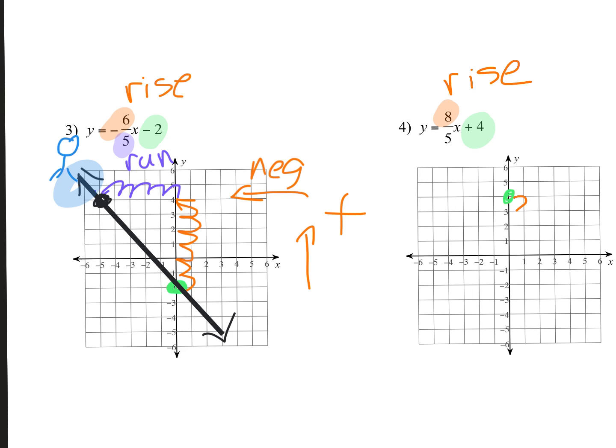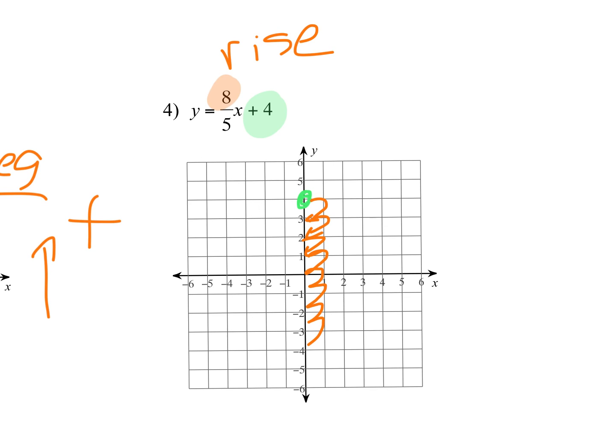So I'm going to go down 1, 2, 3, 4, 5, 6, 7, 8. Again, you do not need to do those loop-de-loops if it doesn't help you. I'm just doing it to show you where my numbers came from. And so I just went down, which is negative, right? What do I need to combine a negative with?